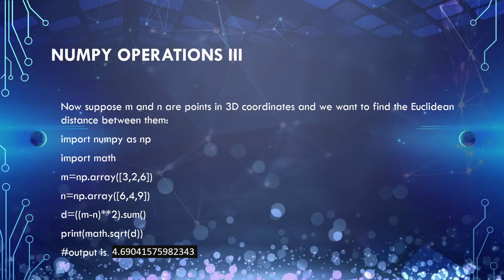So each element is first subtracted, then squared, and then we do a sum of all those. We can assign it to a variable d, and then just take the square root of that. Let's compute the output: 3 minus 6 is minus 3, whole square 9. We get here 4 and another 9, so we get 22. So it is basically the square root of 22.